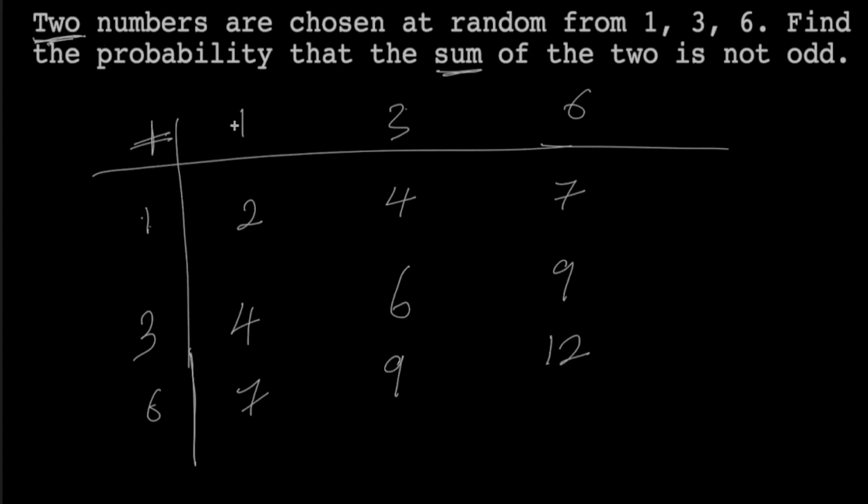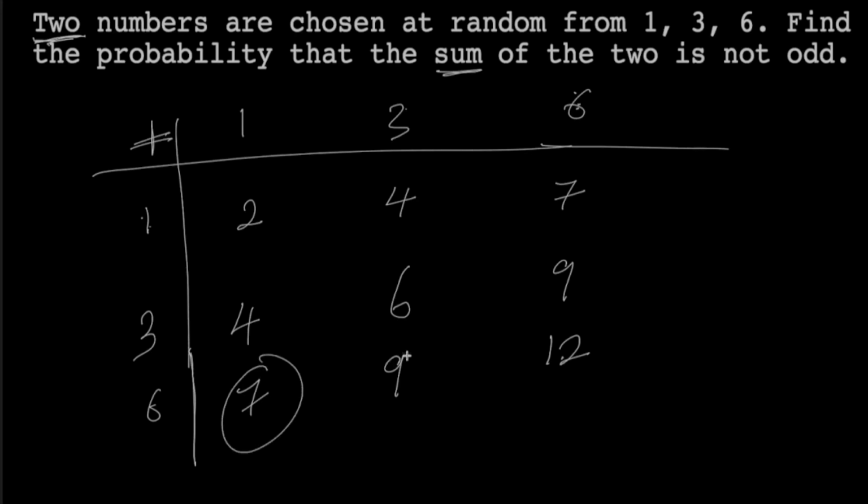Remember they say 2. These are the possible summations that will happen if you look at all this. If you add all this together, either you add 6 and 6, 6 and 3, 1 and 3, it depends. So these are the possible outcomes.